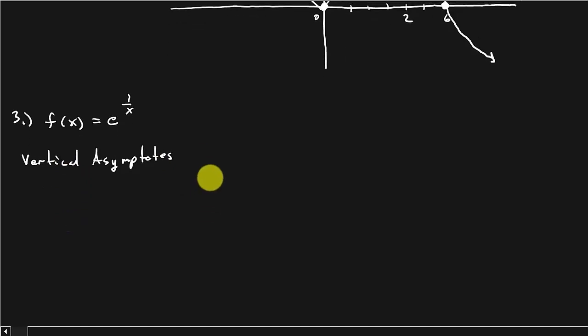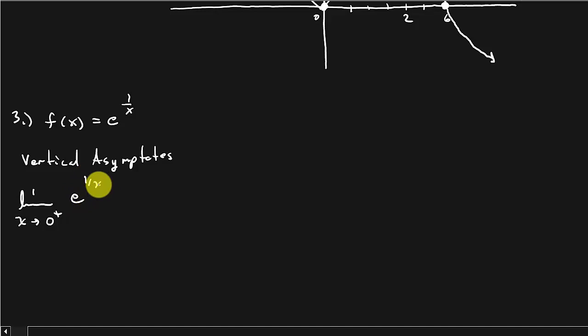So we know this is undefined at x equals 0. Well, we've got to see if there's a vertical asymptote there. And the way we do that, remember, this is back at the beginning of your calculus class, you take the limit as x goes to 0 from the right of e to the 1 over x.